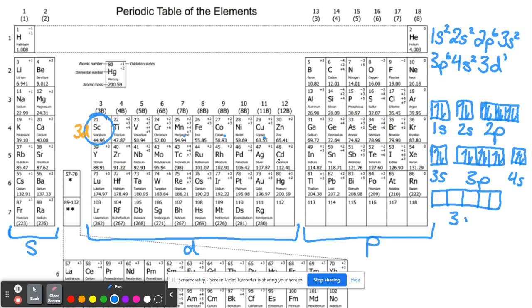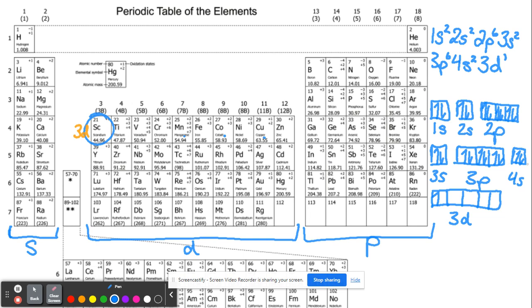So this is 3D. And scandium only has 1 electron in that 3D.